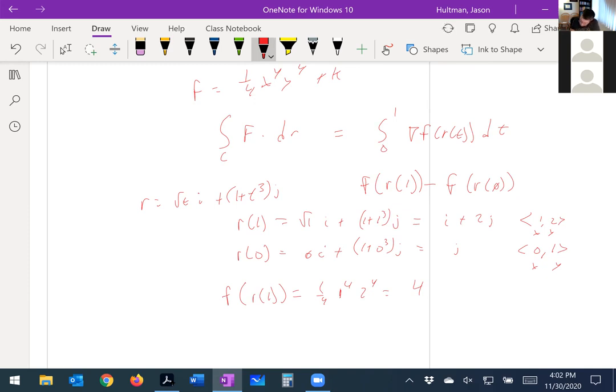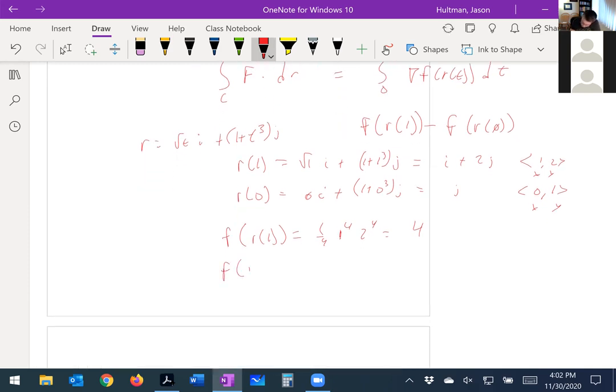Then f of r of 0 is 1/4 times 0 to the 4th times 1 to the 4th, which is 0. So in the end, I get 4 minus 0, which is 4.